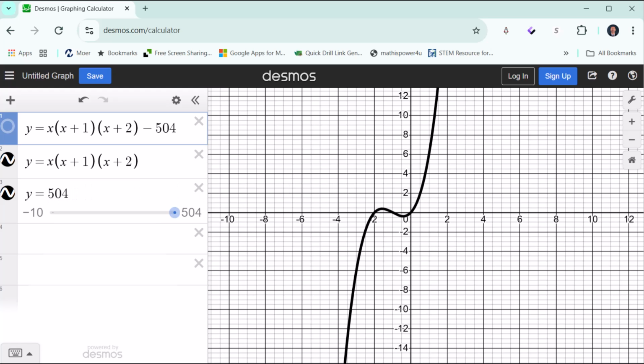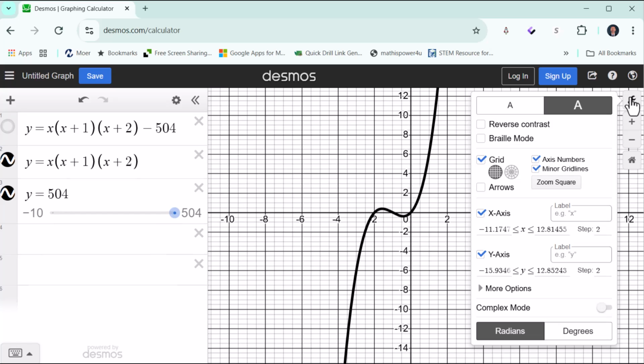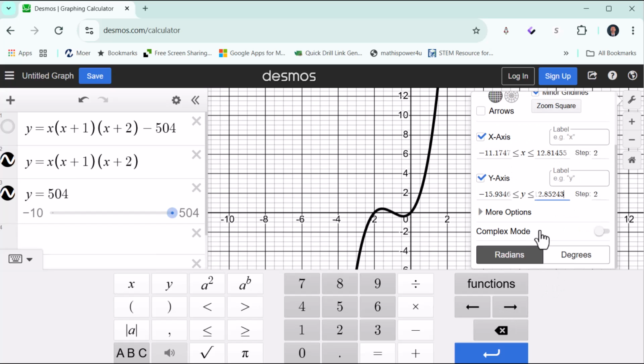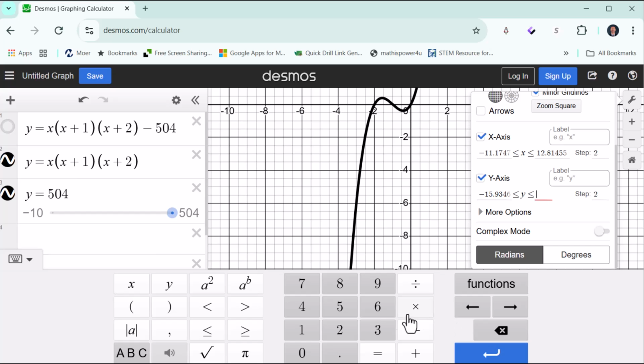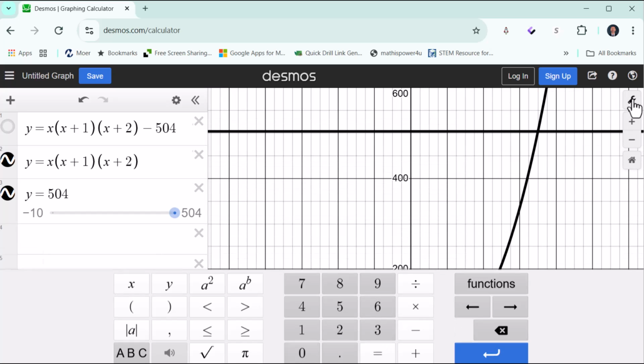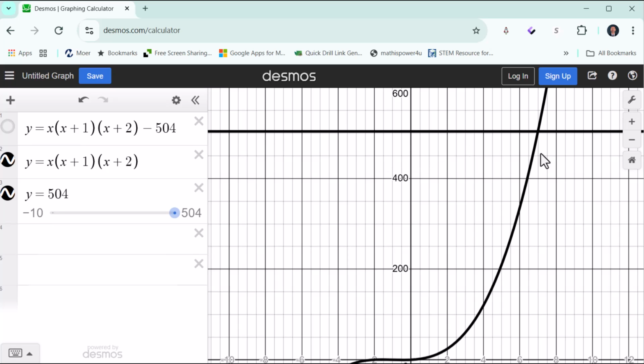To do this, click on the wrench, and let's just change the y max to 600 and see if we can see the point of intersection. Let's close the window, and we can see the point of intersection. Notice the point of intersection is (7, 504). The x value of 7 is what we need to find the dimensions of the box.